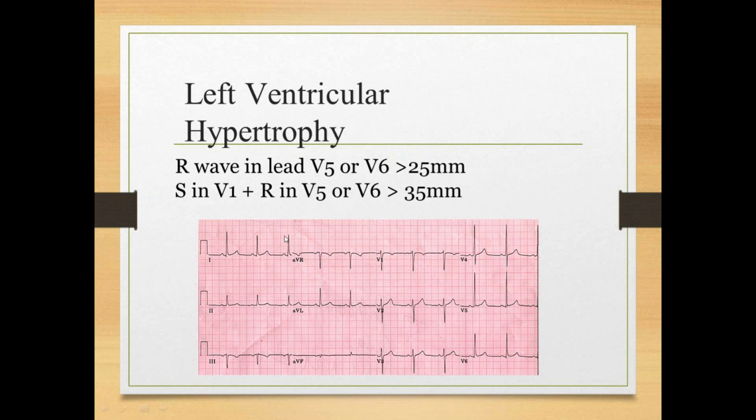Or you can calculate the S wave, the negative deflection, in V1, and add that to the R wave, the positive deflection, in V5 or V6. If you add both, you get more than 35 millimeters, almost 7 large squares. It will be suggestive of left ventricular hypertrophy.